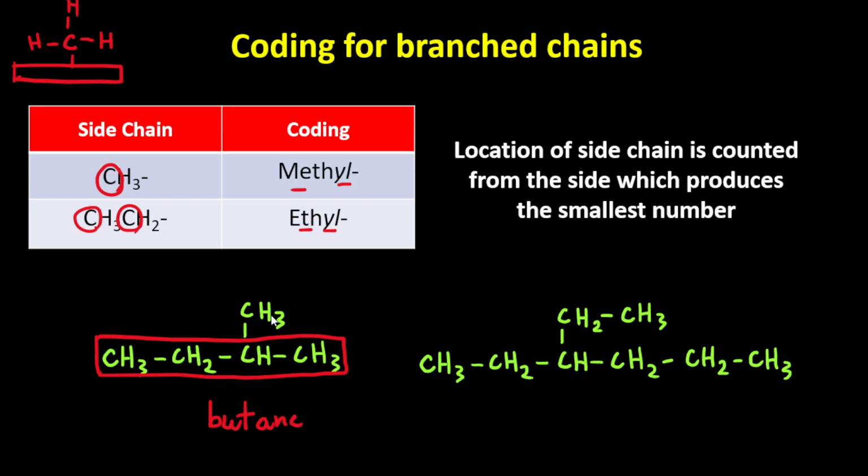but there's nothing else. It's all single bonds, so this is simply butane. And now I have a methyl group, right? So because CH3 is methyl, it's right here, so it's going to be methylbutane. But then again, I need to tell where my methyl group is, so it can either be 1, 2, 3, 4, or it can be 1, 2, 3, 4.